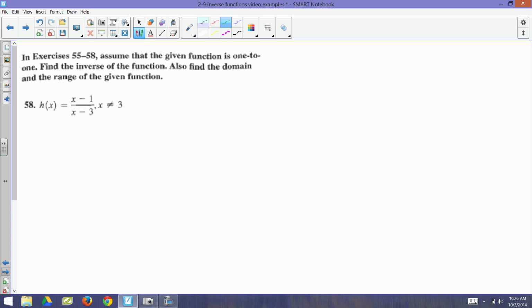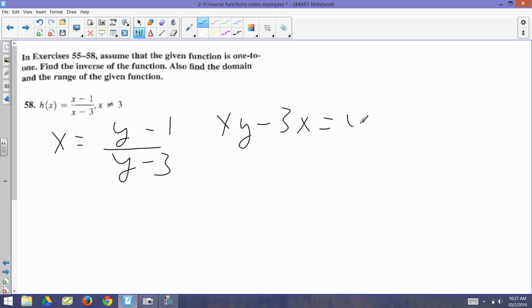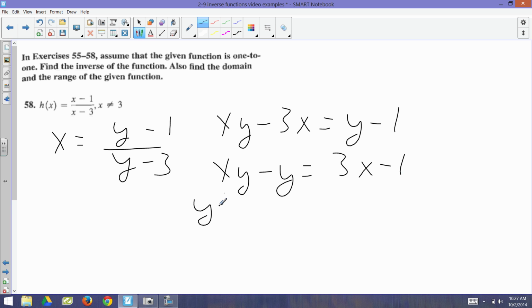Same thing here. Solve. Consider y equals as x is equal to. Cross multiply. Y is on the same side. Factor out a y. Divide through by x minus 1.